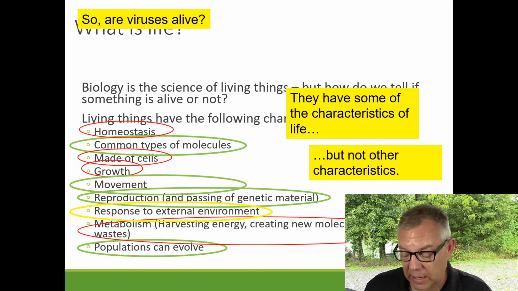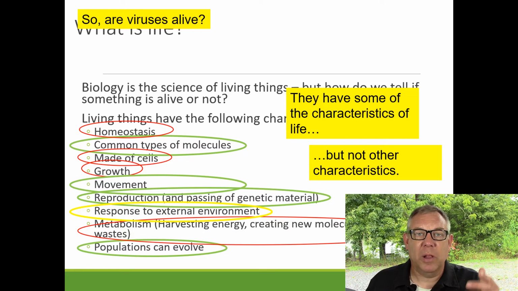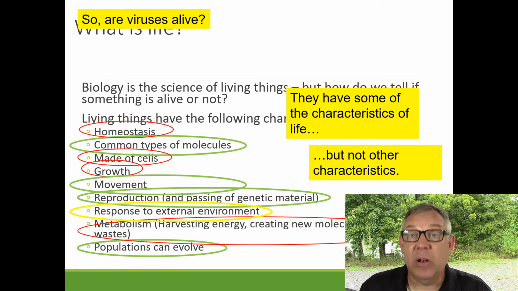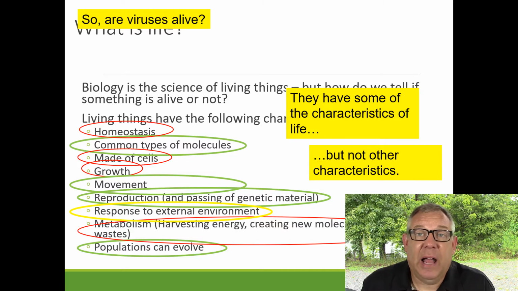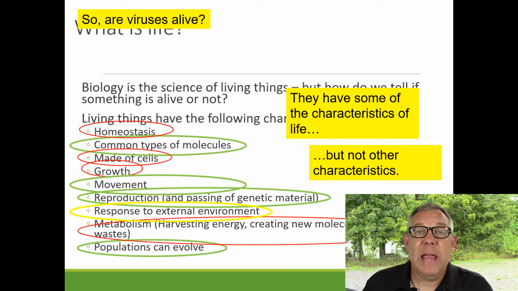So viruses cannot maintain homeostasis. They don't really control what gets into and out of their cell membrane. I don't know if they really have a cell membrane. They're not made of cells. So yeah, I guess I answered my own question. They don't have a cell membrane because they're not made of cells.